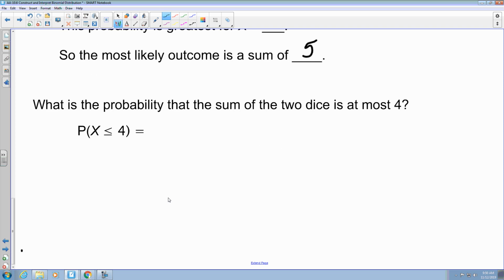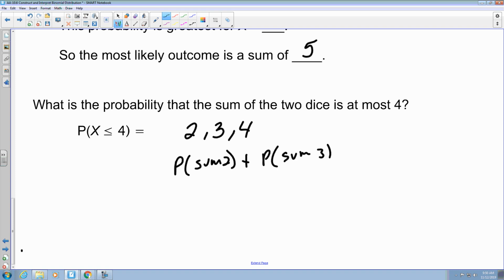The question they ask here is, what is the probability that the sum of two dice is at most 4? So basically we want to know the probability of getting sums of 2, 3, and 4, because at most means less than or equal to. So you take the probability of a sum of 2 plus the probability of a sum of 3 plus the probability of a sum of 4.